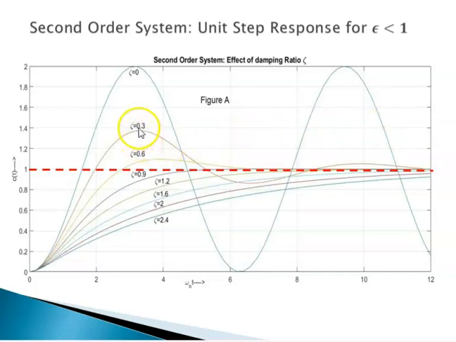When epsilon is less than 1, the behavior is oscillatory. You can see that it's going up, coming down, going up, coming down, and so on. This behavior is what we call an oscillatory, amplitude modulated sinusoid. Whereas when epsilon is greater than or equal to 1, there are no oscillations at all.